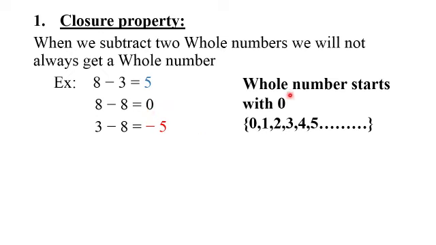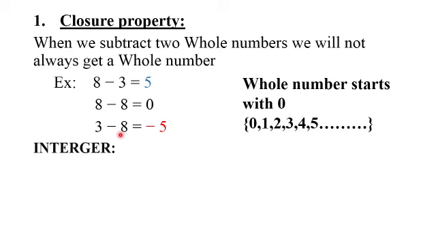Students, 5 and 0, with no negative sign, come in the whole number system, since whole numbers start with 0, 1, 2, 3, 4, 5. But a number with a negative sign comes in the integers. This integer chapter you will learn in a future class. Here we are going to learn only whole numbers.